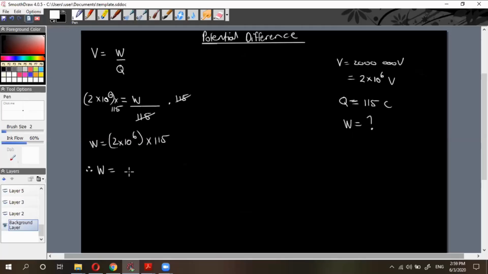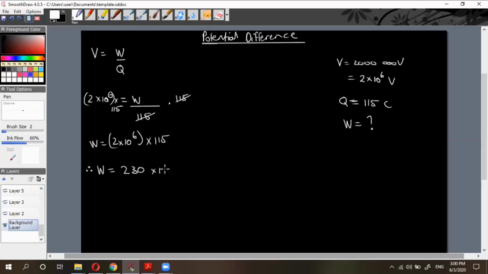All right, if it's 230 million, should we write it in scientific notation? So it'll be 230 times 10 to the power of 6. That sounds about correct.